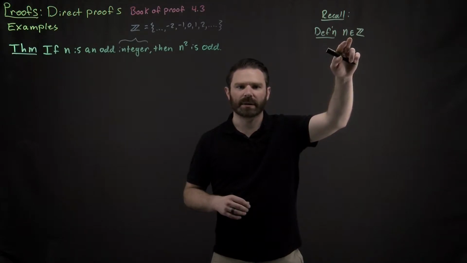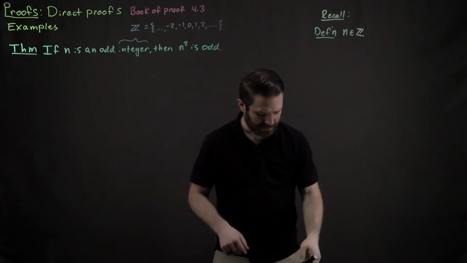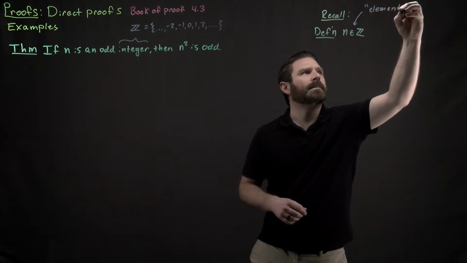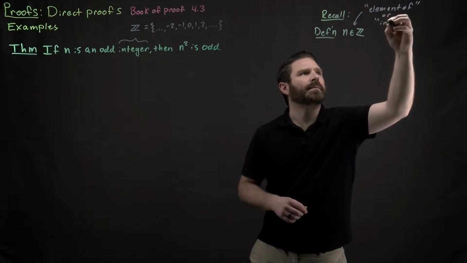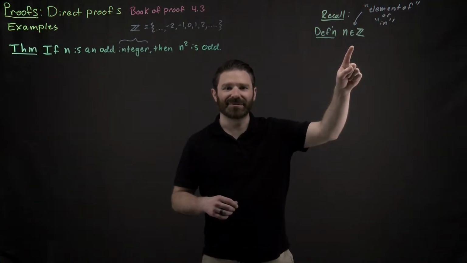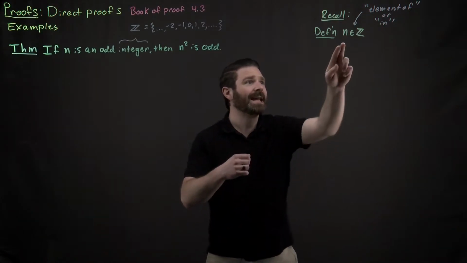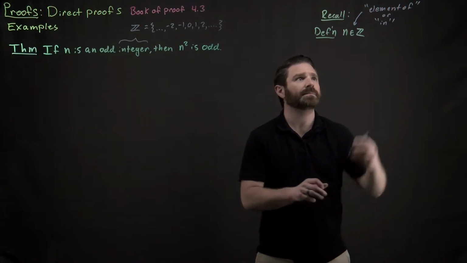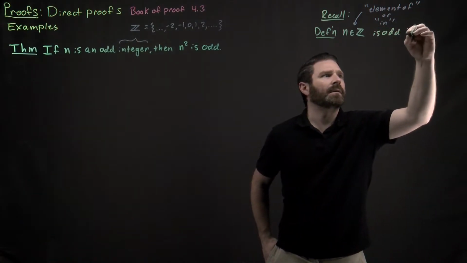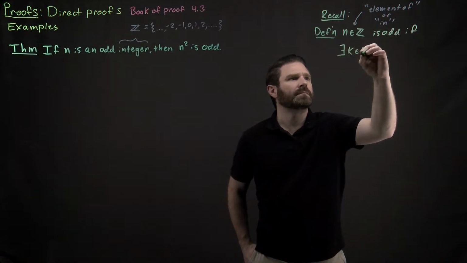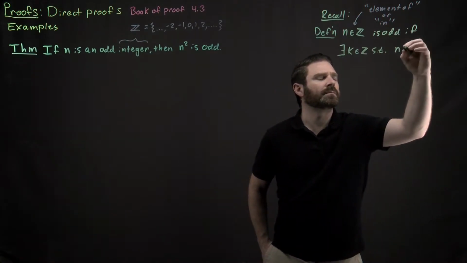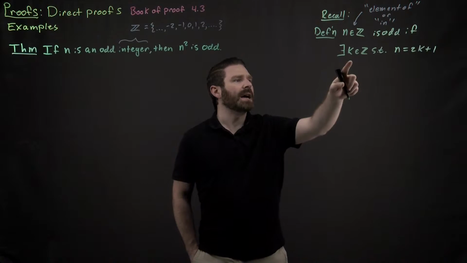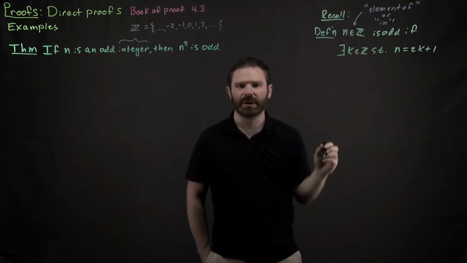This little epsilon-looking notation means element of, or in. So if n is an integer, it's odd if there exists another integer k such that n equals 2k plus 1.